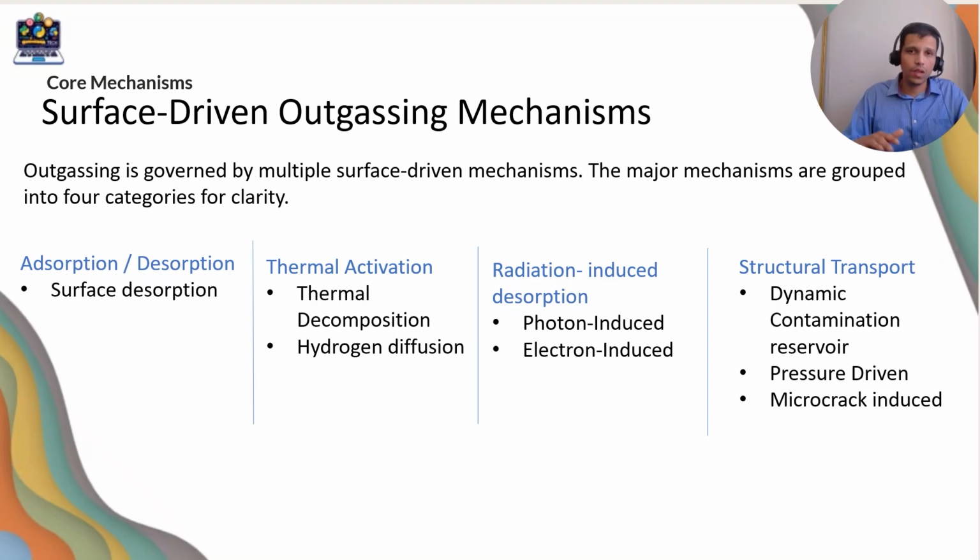The next is radiation induced. In semiconductor capital equipment and industries, there are various types of energy, not only thermal, like photon and electron beam machines and laser annealing machines. There are many various types of systems, so there is more chance that not only thermal but also radiation can cause outgassing.